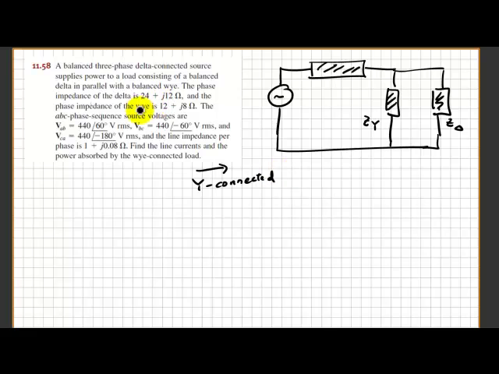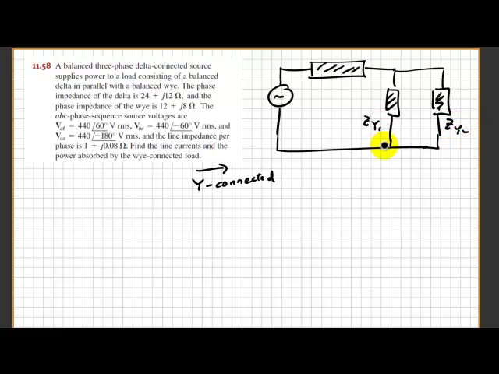So what we have here is the first Y and the second Y. And the first one, just mentioned, is a delta, so you have to convert the delta to Y in this case.